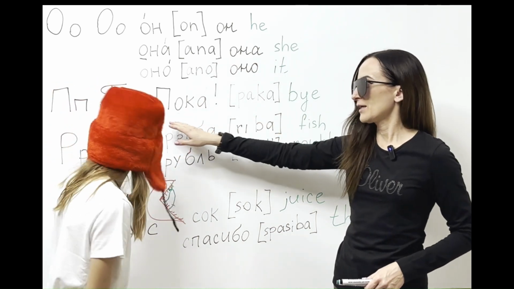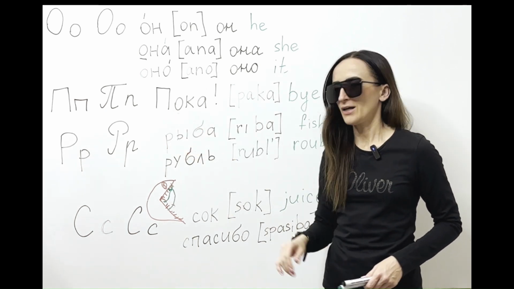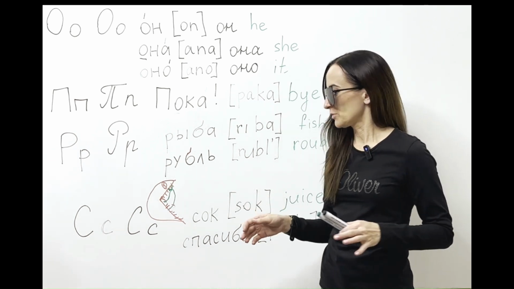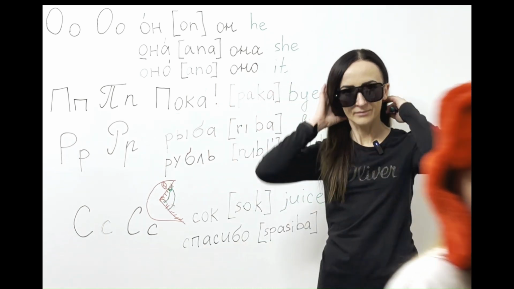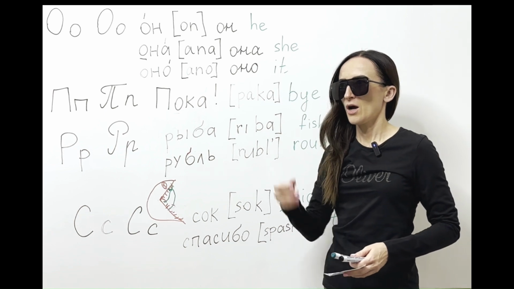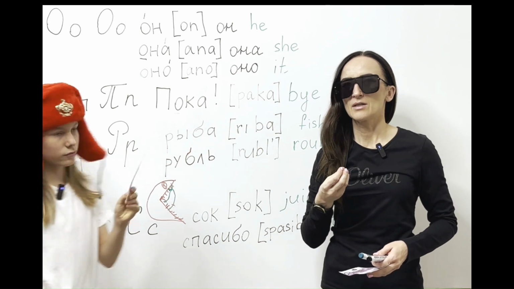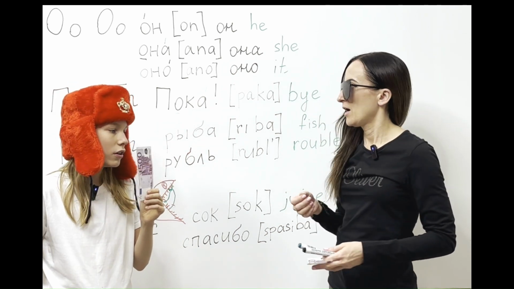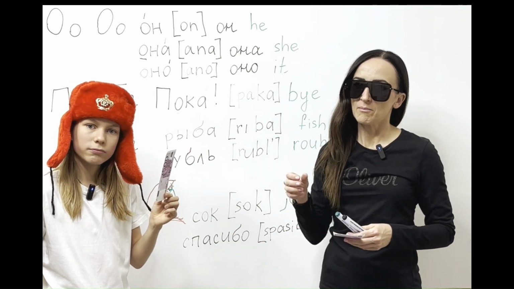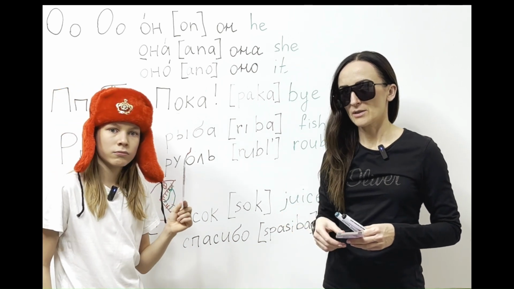One very important thing I have forgotten about here is that in English you've got such a thing as aspiration. What is aspiration? It's when you say P with some breath. But when we say P, we mostly use our voice, so it's more voiced.